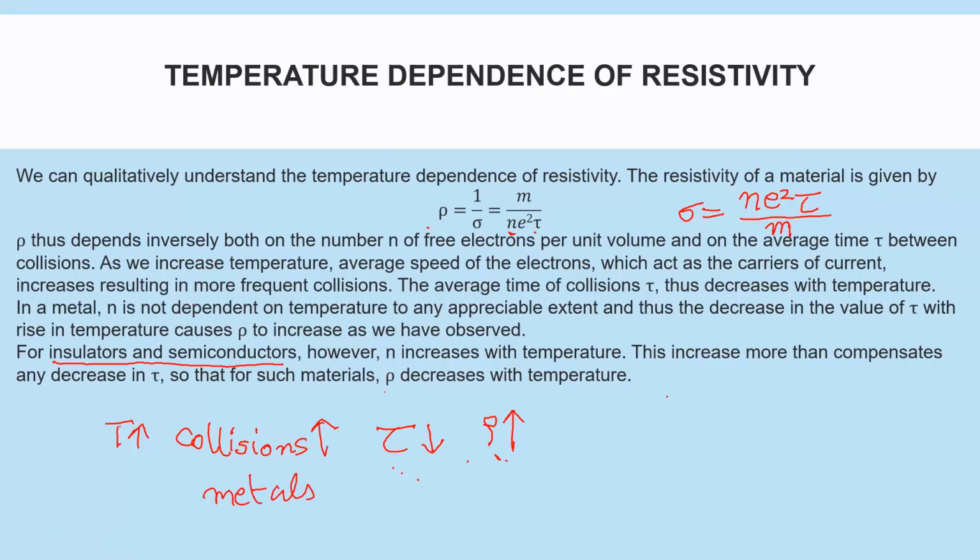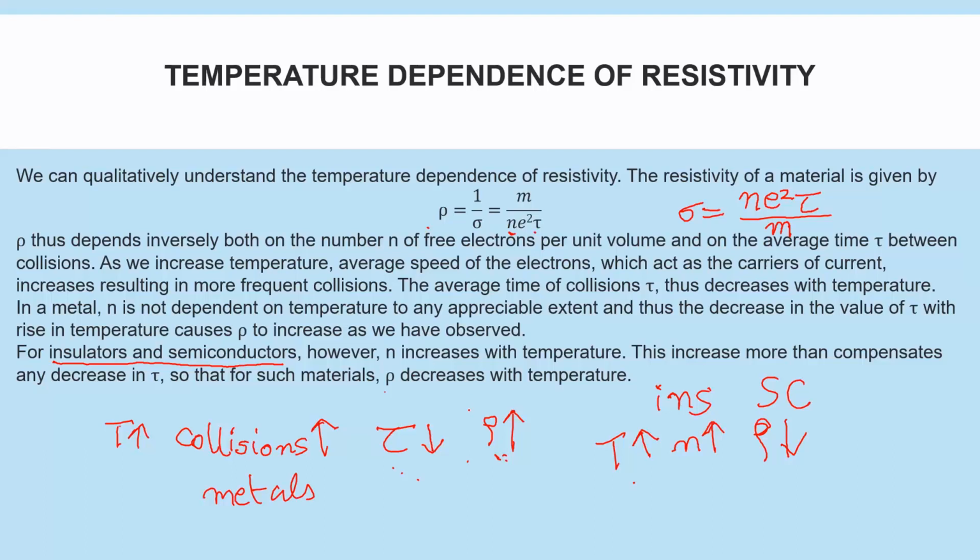Now if we are considering insulators and semiconductors, that means that n will increase with temperature rise, and due to the inverse relationship, your resistivity is going to decrease. So resistivity decreases with respect to temperature for insulators and semiconductors, while for metals the opposite happens: if the temperature is increased, your resistivity is going to increase.